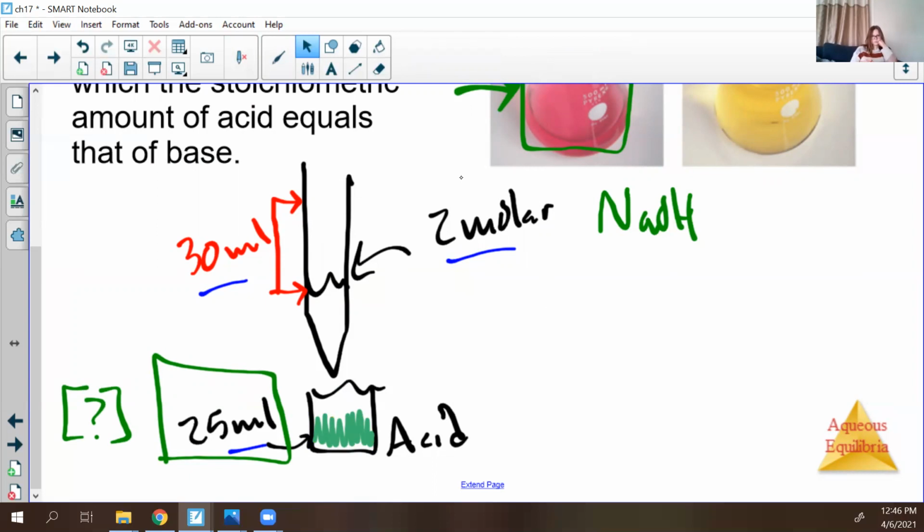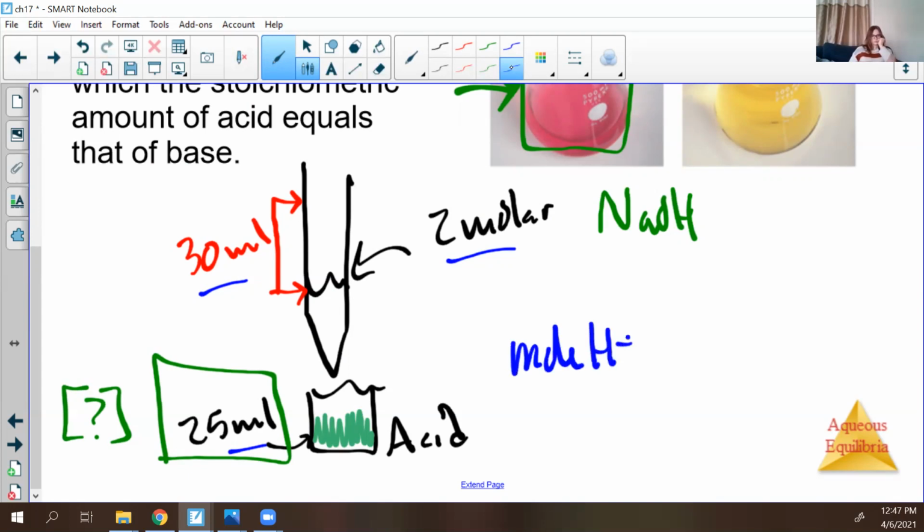Once it turns green, I can keep track of this information, and usually it's pretty simple. Because remember, when something's neutral, the moles of H+ are equal to the moles of OH-.